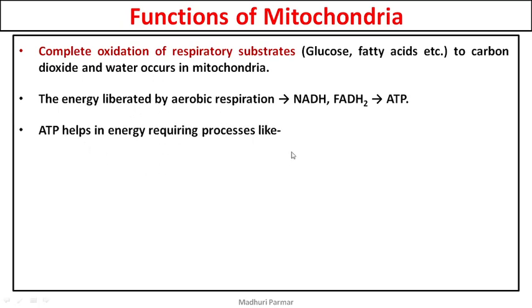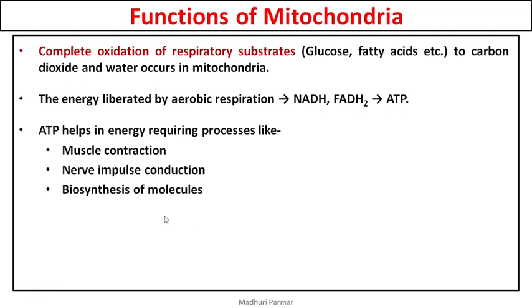ATP helps in energy requiring processes like muscle contraction. If you want to contract your muscle, you require a lot of ATP. So in muscle contraction, nerve impulse conduction, remember action potentials. So even action potentials, they have sodium potassium ATPases, which use ATP to pump sodium and potassium, right? So nerve impulse conduction also requires ATP.